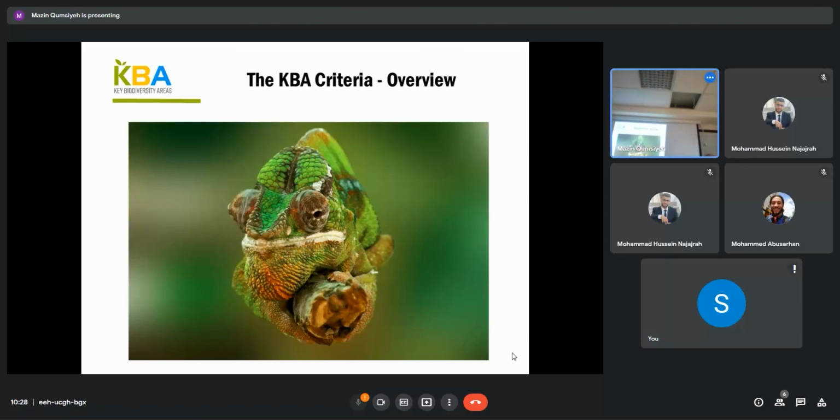That way it's linked. And if the key species is extinct in the wild, it's worse. So of course, there is a link.